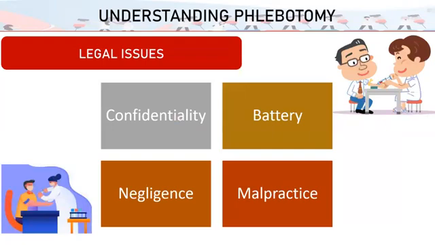Okay, so legal issues. What are the legal issues that we can face in the laboratory? Okay, we have 4. So the first one is confidentiality. Okay, so in the laboratories, we have so much information about the patient.